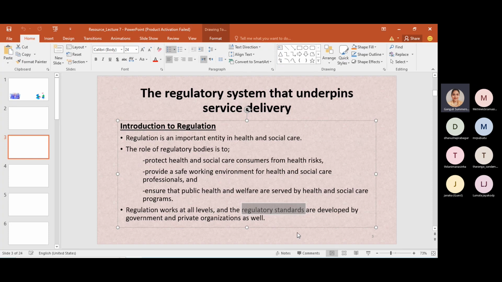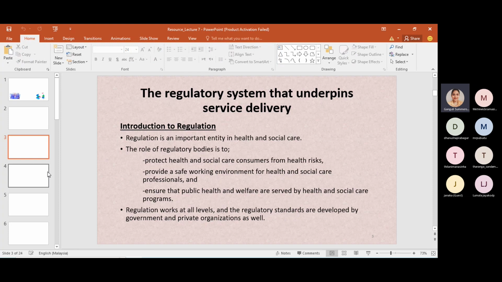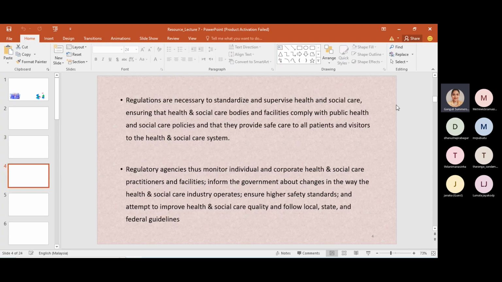Sometimes these standards are developed by the government, and sometimes by private organizations. That is how the standards are developed. And we need to make sure we follow these standards on a daily, regular basis.